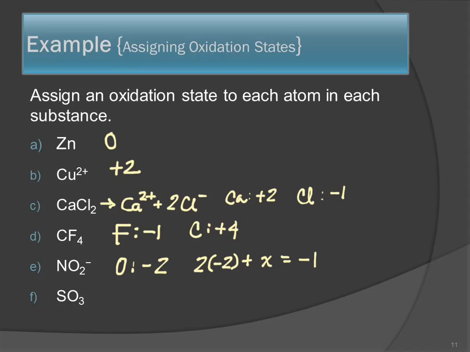So the X must be what? This is -4 plus X equals -1. So X must be +3. So the nitrogen has an oxidation state of +3.